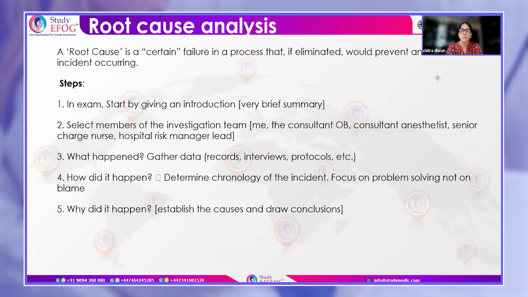So what is a root cause? A root cause is a certain failure in the process that, if eliminated, would prevent an adverse incident occurring.